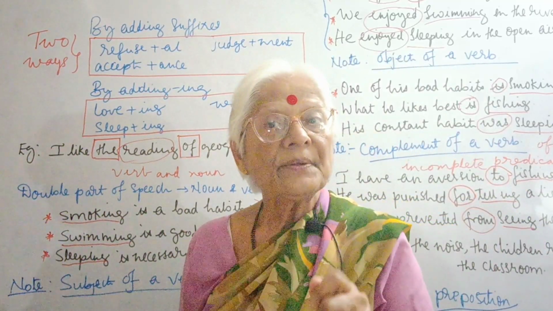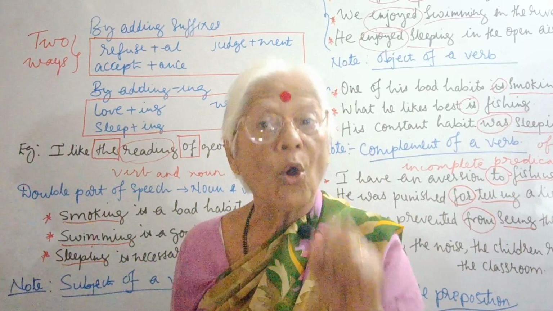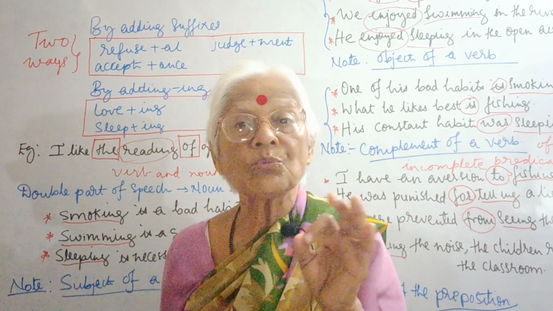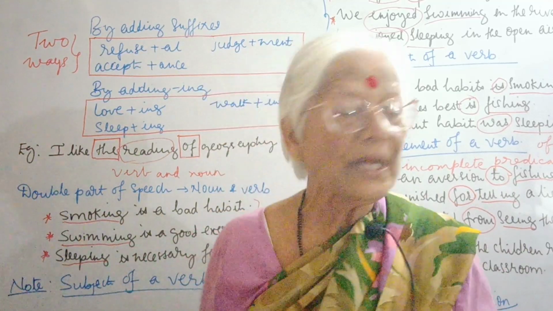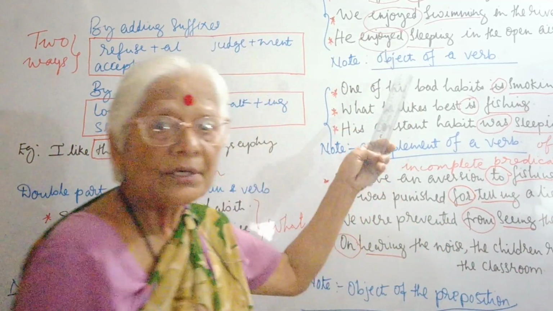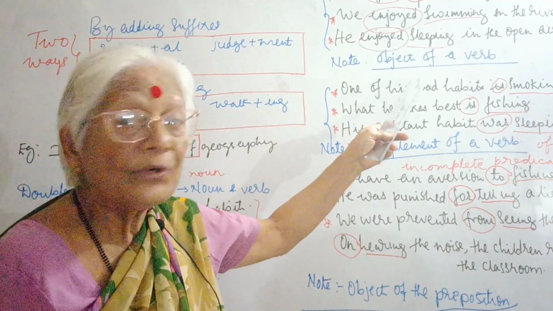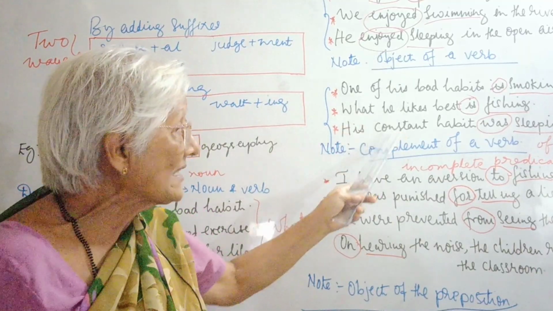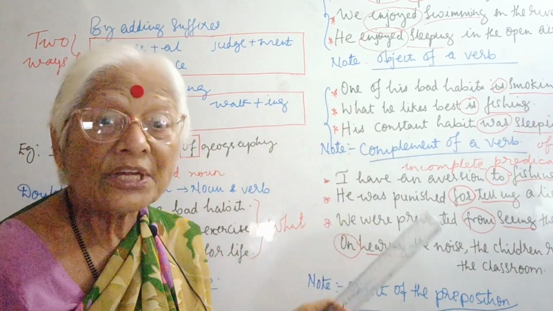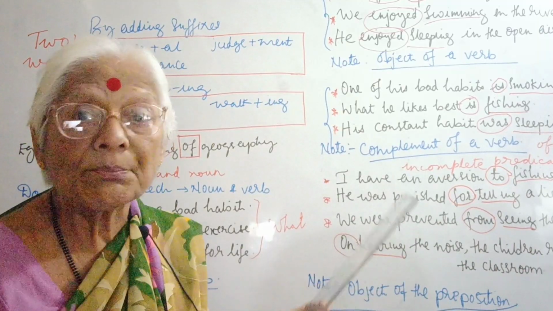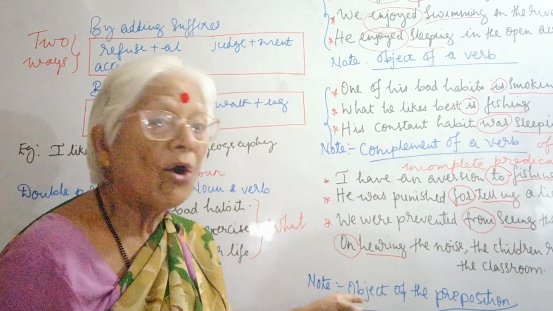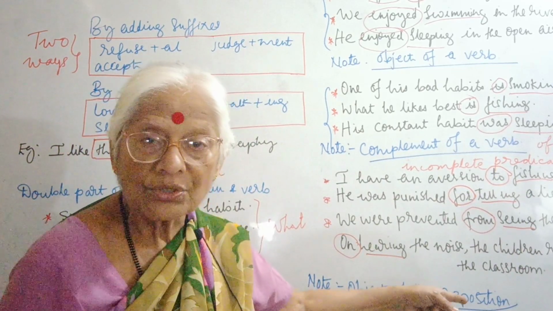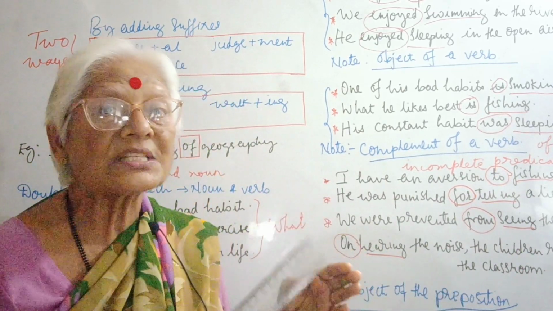Always remember the framed question is with what, and we use the wh-word what for a noun. Then we understood that they are object of a verb. The next example explains that they are object of verbs of incomplete predication, and the last examples explain that they are object of a preposition.